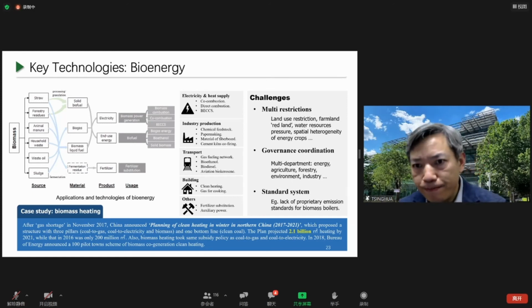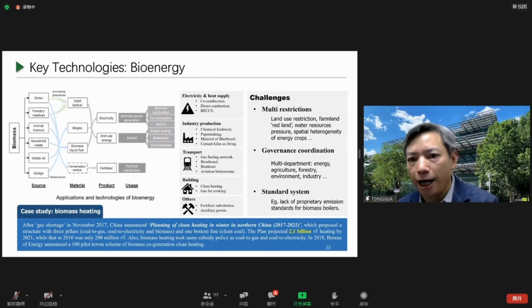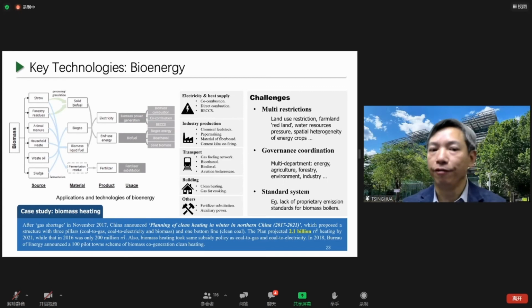They can be processed as solid biofuel or fermented as biogas or liquid fuel, such as bioethanol. In energy sector, bioenergy can be used by direct combustion or co-combustion with coal or natural gas. When CCUS is attached at the end of pipe, it is BE-CCS that has negative emission effect.